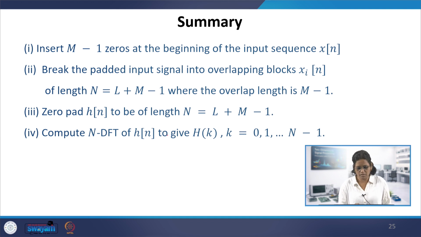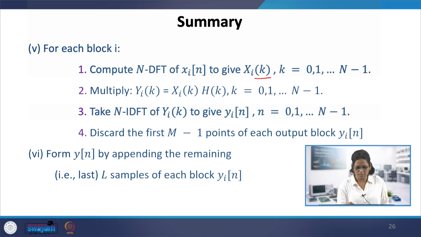Take the N-point DFT of h[n], and the individual DFT of each x_i, giving X_i[k]. Multiply X_i with H, compute each y_i, and discard the first M-1 samples.